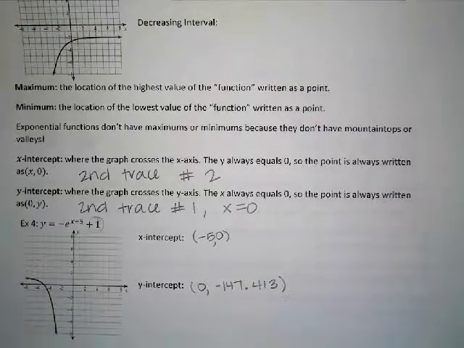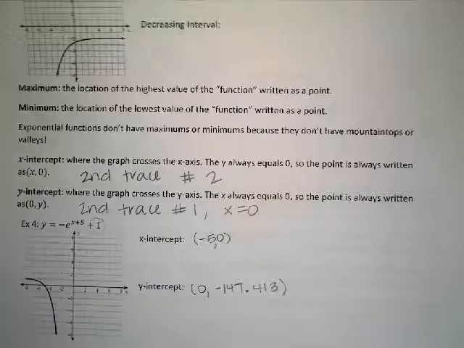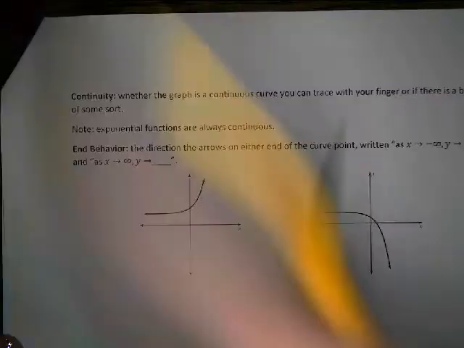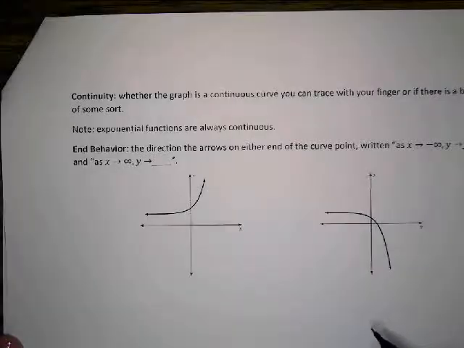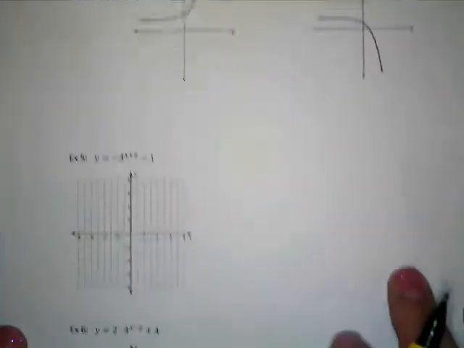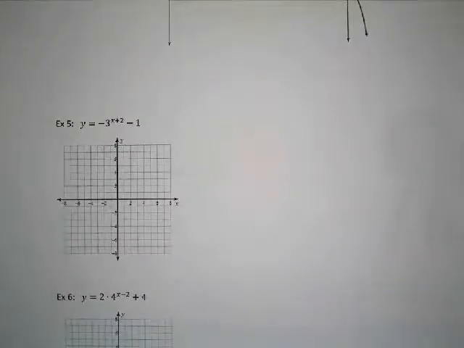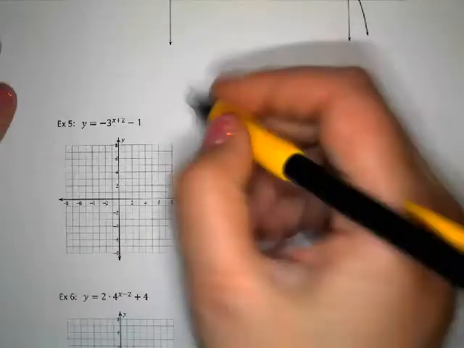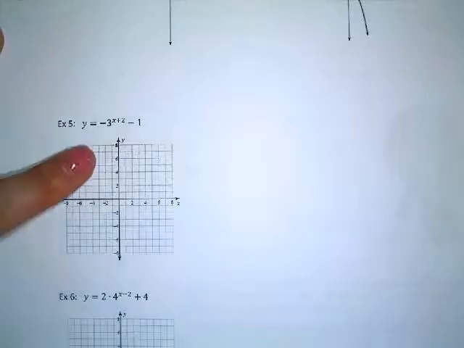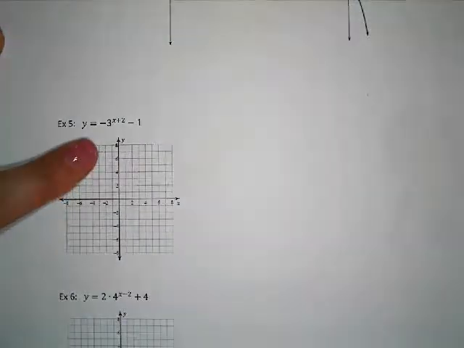Okay. Let's turn to the next page. Did we do end behavior? Yeah. We did? Okay. We did not do 5 and 6? No? Okay. All right, so let's find all the things for 5 and 6. So first, we can find the transformations. What are the transformations? Okay, reflect over x.